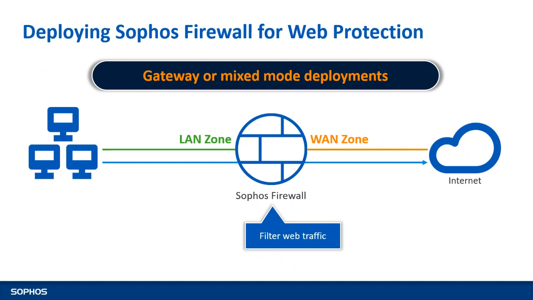If the Sophos firewall is the network gateway or will be replacing an existing gateway, then the web filtering can be simply enabled on the traffic passing through it. This deployment is ideal, as all traffic must pass through the firewall before being allowed out to the internet.